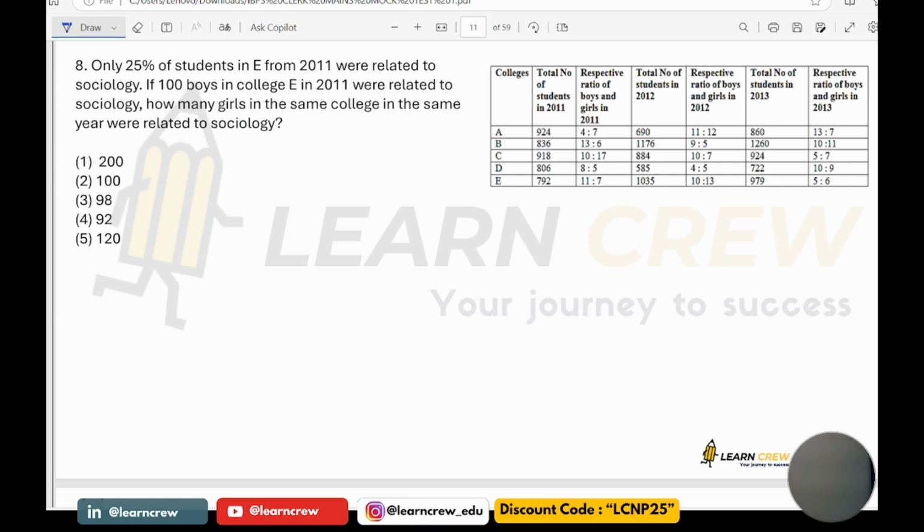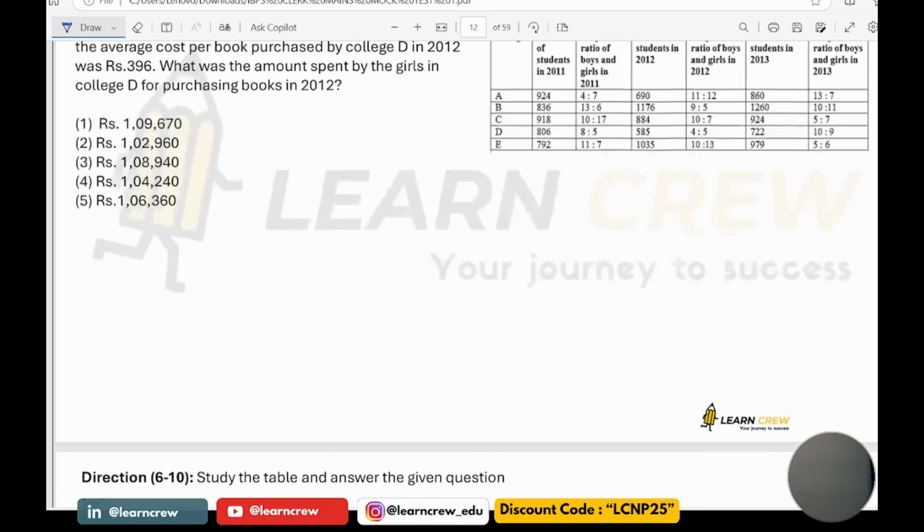So college E in the year 2011, out of 792, 25% means 198 are sociology. Girls related to sociology are 198 minus 100, which is 98. So the answer is 98. It is given that 100 are boys, so the remaining 98 are girls.